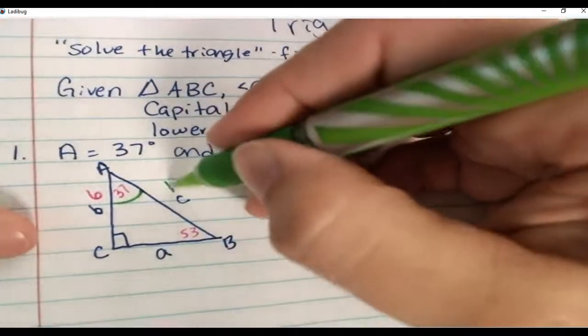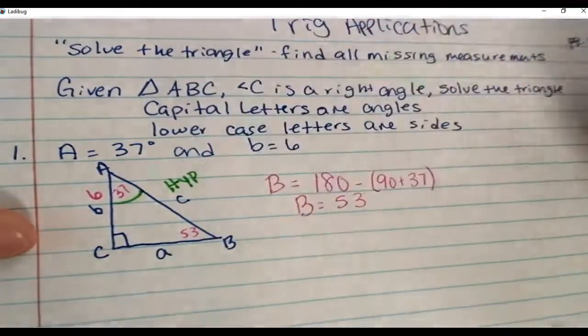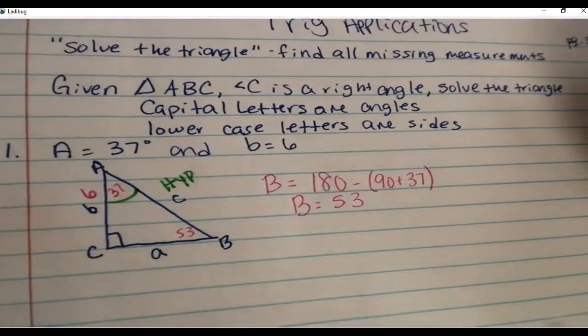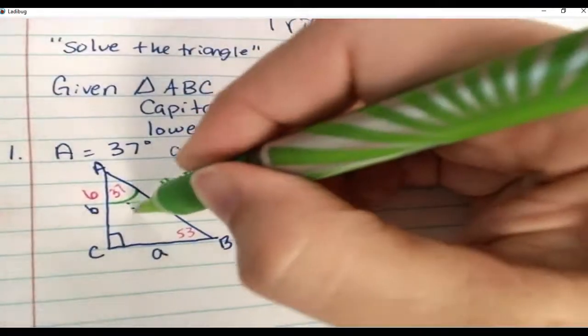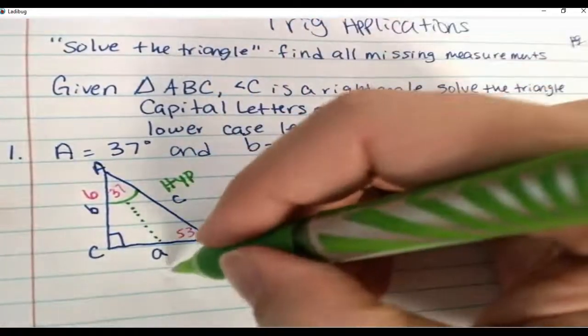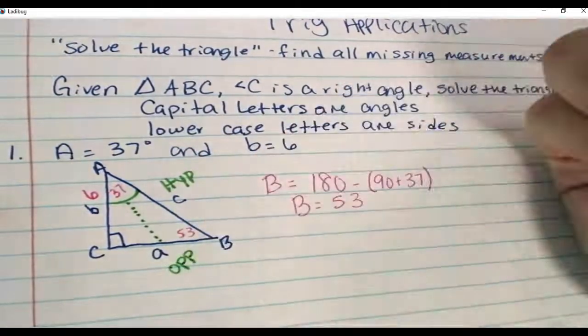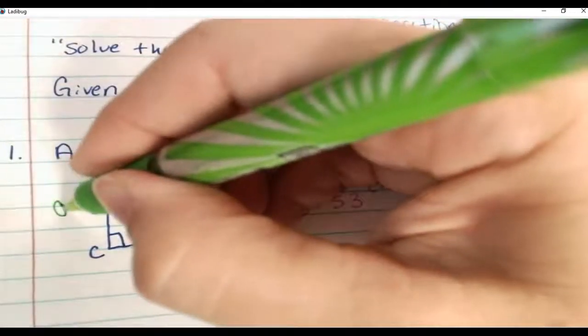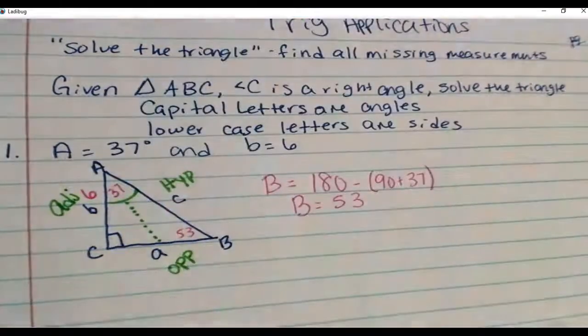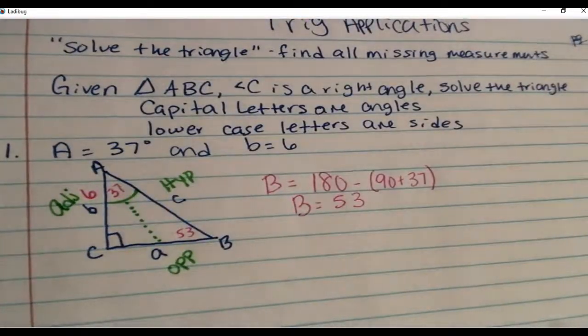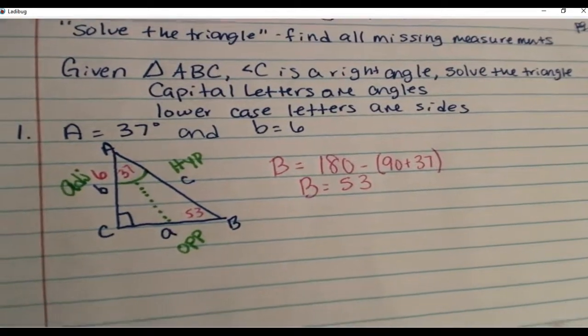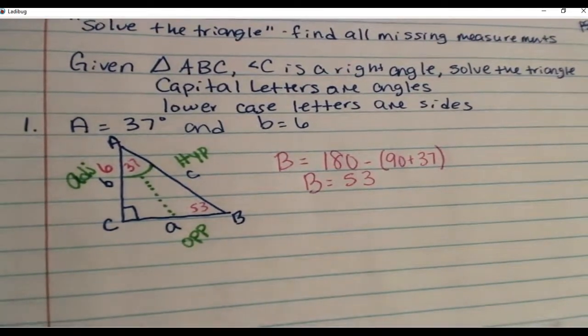So C is always the hypotenuse no matter what. If I draw my line, little a is the opposite, and then B is the adjacent. Questions on that?